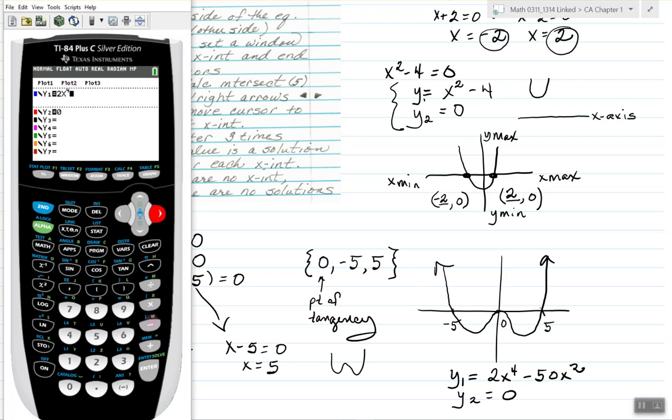And then minus sign, 50 x squared. You can pause this recording anytime you need to make sure you have everything in there. I am still in what's called a standard viewing window, -10 to 10, -10 to 10. We'll see if it's okay, and we will do graph.